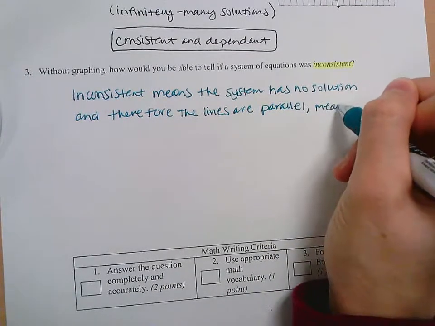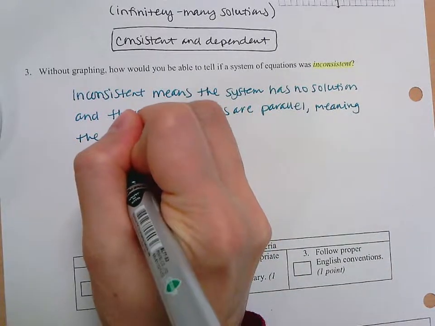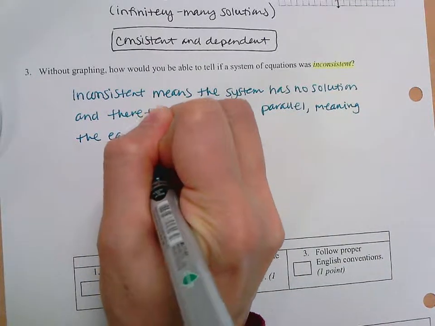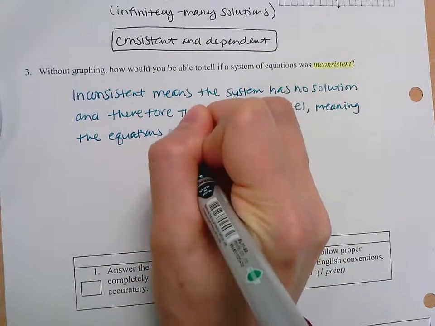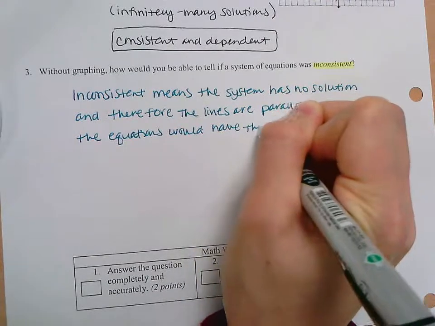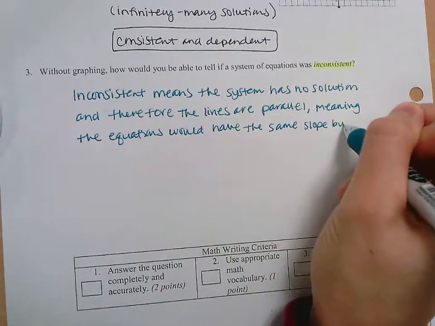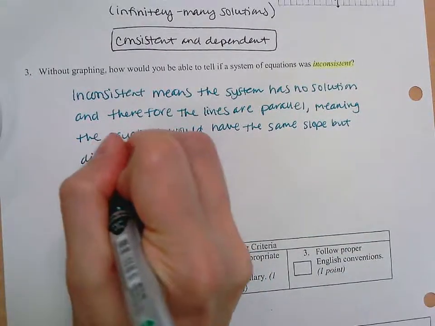And then I'll put, meaning what Braxton said, the equations would have the same slope but different y-intercepts.